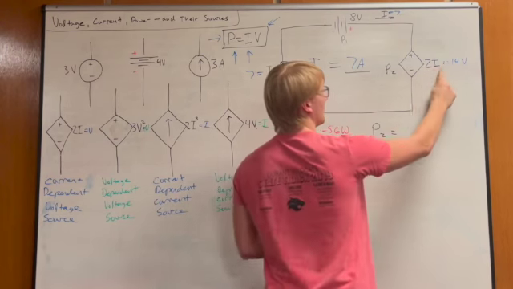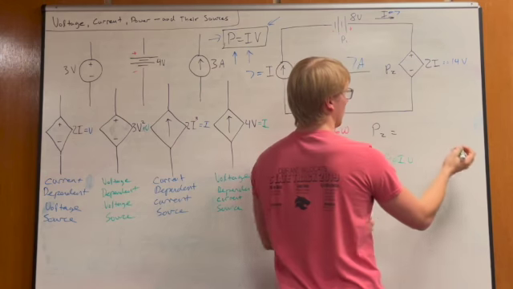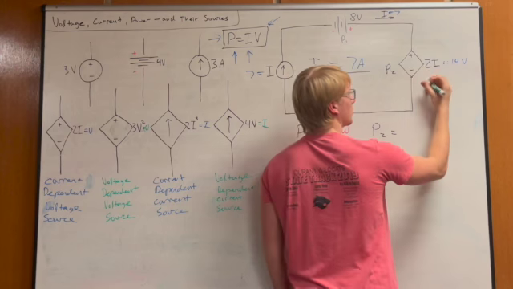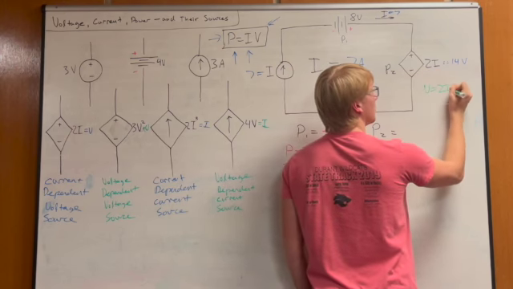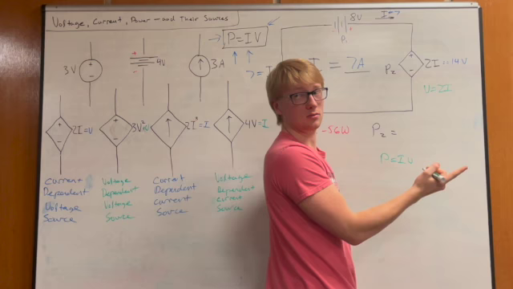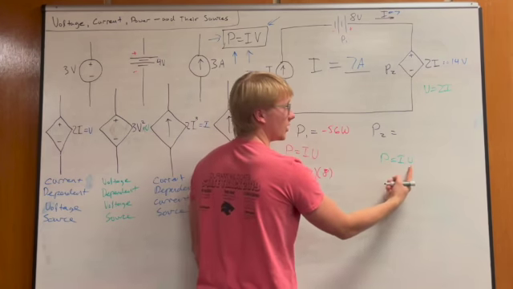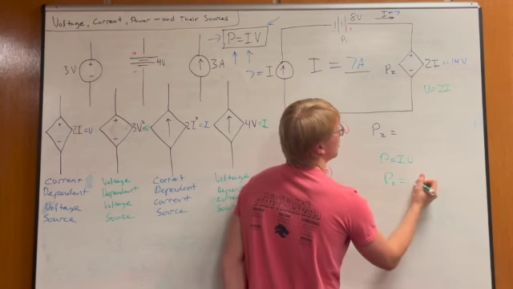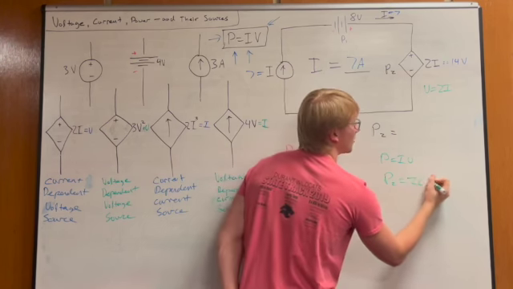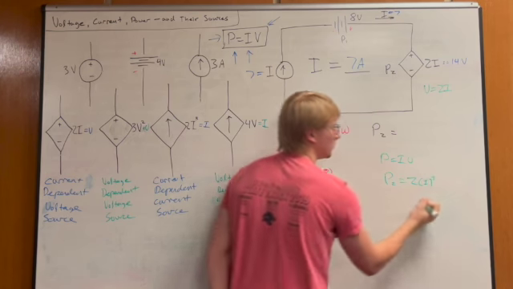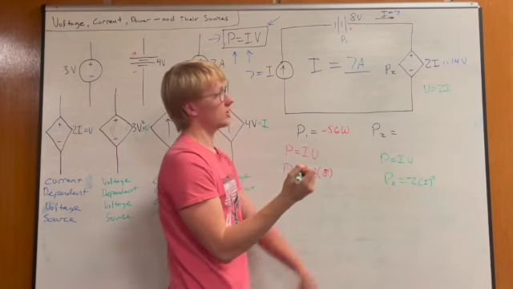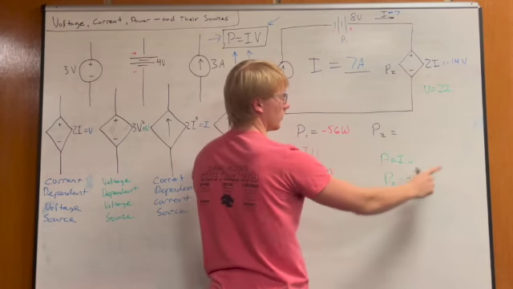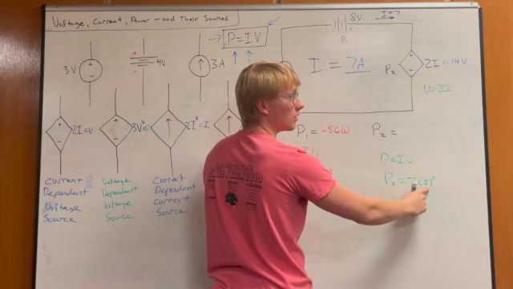The V of this source is 2I. So if you replace V with 2I, your power would be 2 times I squared, because you'd have 2 and 2 I's.